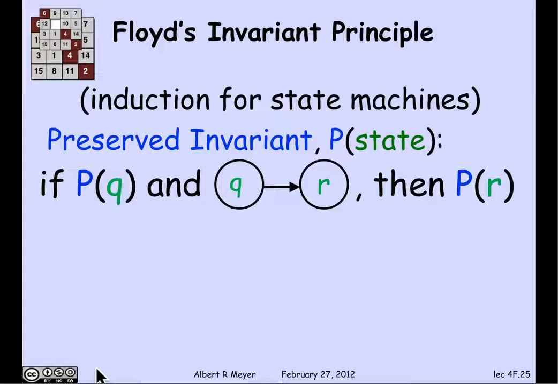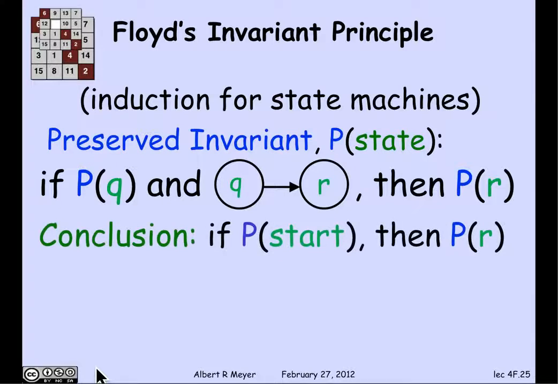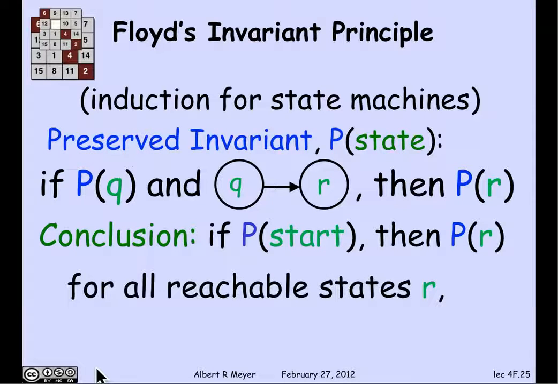So if you have a preserved invariant, then if the property holds at the start state, then it's obvious that the property will hold for all of the states that you can possibly get to. That P of R will hold for all reachable states.